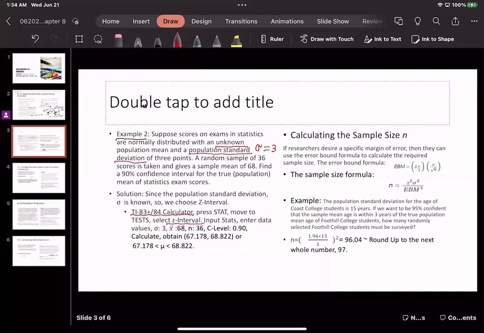If we round to one decimal, it is 67.2, 68.8. If we want whole numbers only, since our X bar is a whole number, we may show the final answer as the population mean in between 67 and 69.